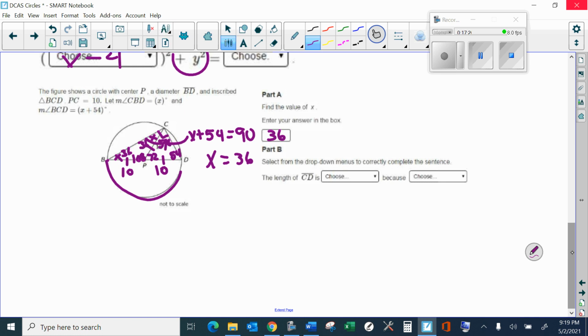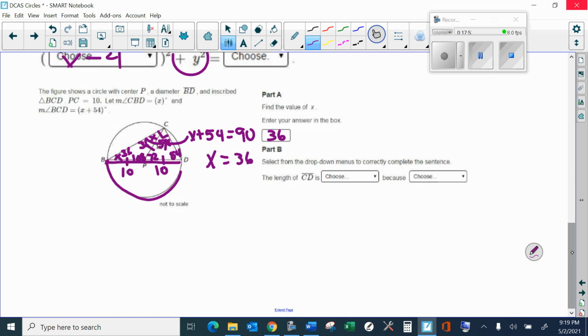Select from the drop down menu to correctly complete: the length of segment CD is blank because blank. Well, we do know, since this is the hypotenuse, that the length of that hypotenuse is 20.